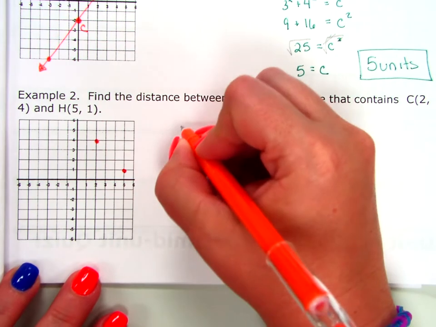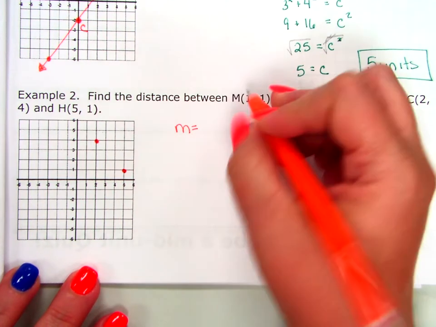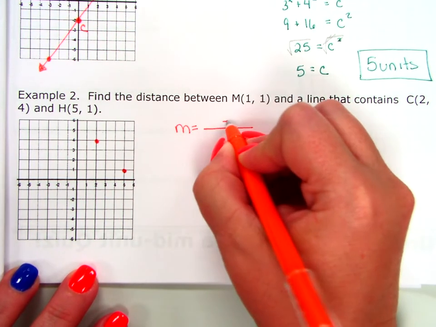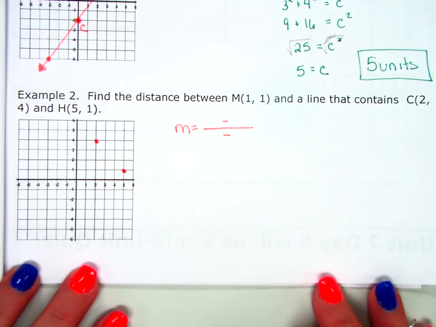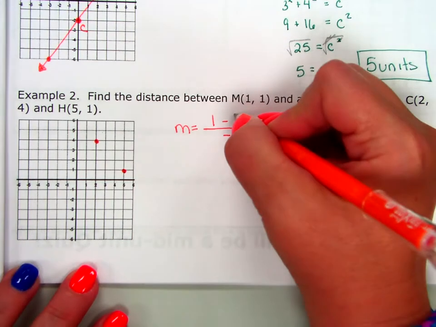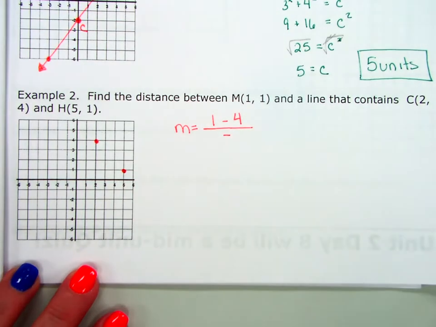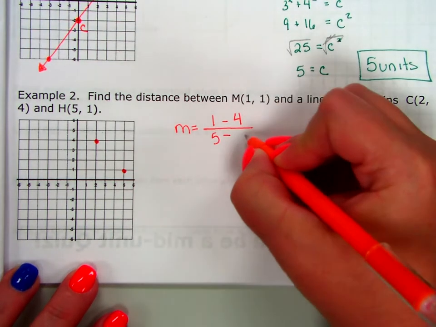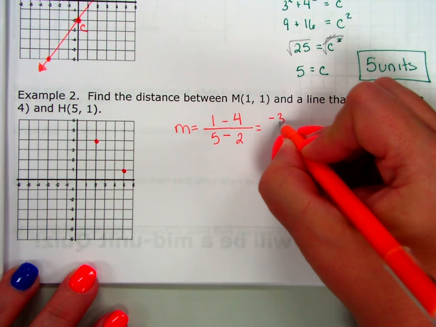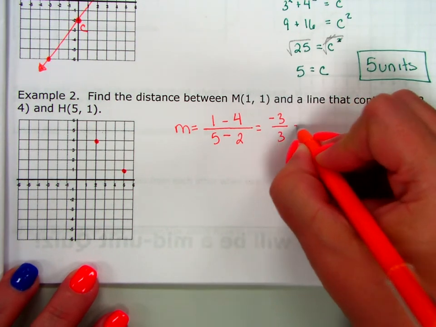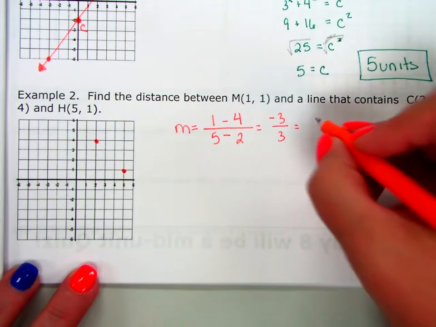My slope of the line, what's going to go in my numerator? 1 minus 4. What's going to go in the denominator? 5 minus 2. 1 minus 4 over 5 minus 2. So that's going to be negative 1.